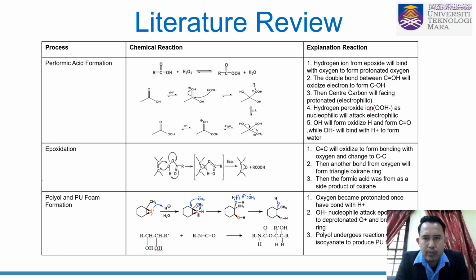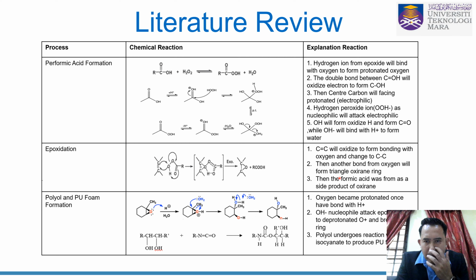Then the center carbon will be facing protonation. After that, hydrogen peroxide OH as a nucleophile will attack the electrophile. Then the hydroxide ion will be oxidized and form the C=O, while the OH ion will be bound with the H ion to form the water.